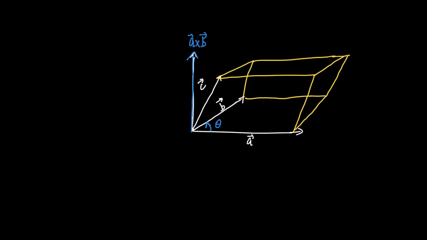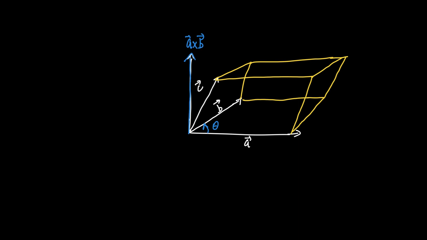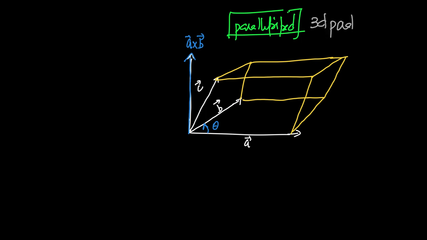Now in this case, this figure is what we call a parallelepiped. What is a parallelepiped? It is nothing but a three-dimensional parallelogram. Parallelogram in 3D is what we call a parallelepiped.